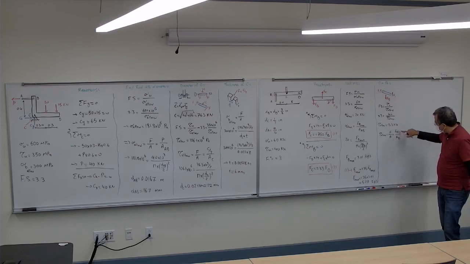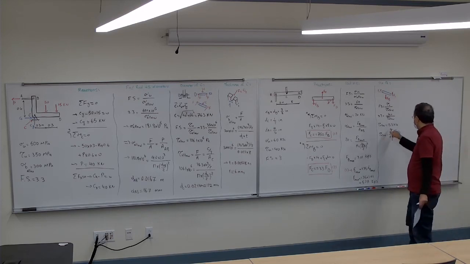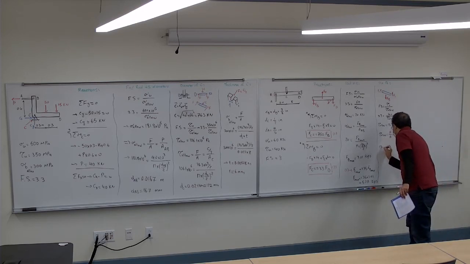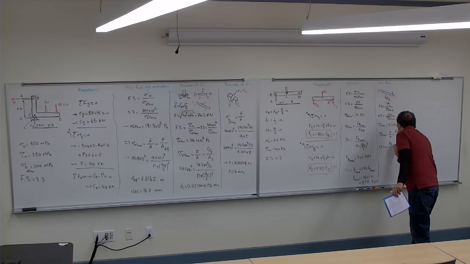So the FB here is gonna be my max. So how much can it tolerate? 3.3, 13.3. I want to max it, so it's the FB max divided by 2.